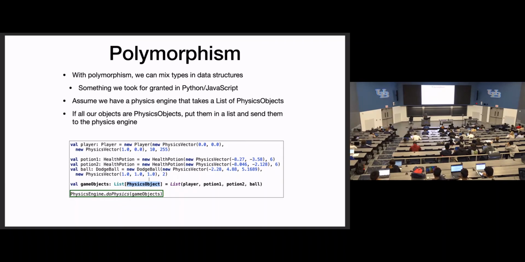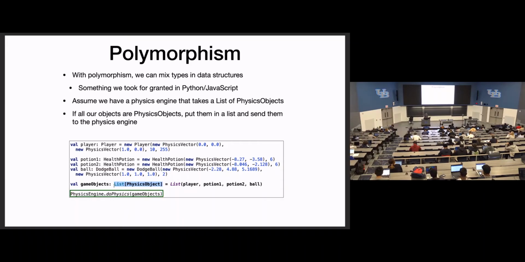Here we have 3 types, health potion, dodgeball, and player, that all extend game object, and game object extends physics object. So all of these types can all be stored in variables of type physics object. Since they can be treated just like physics objects, store them in variables, call methods that take physics objects as parameters, and store them in data structures of type physics object.